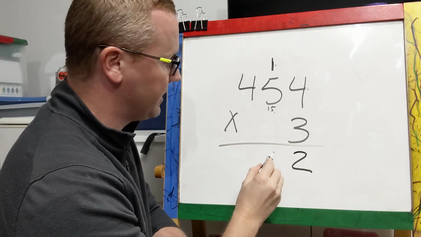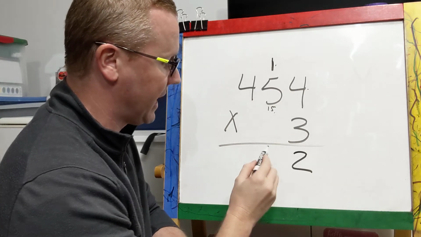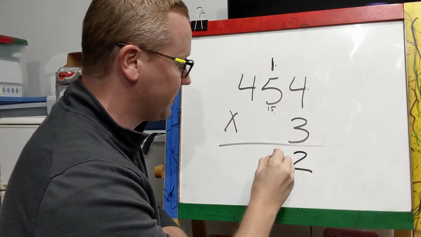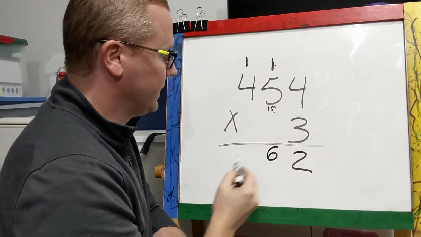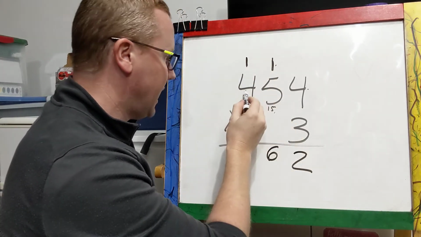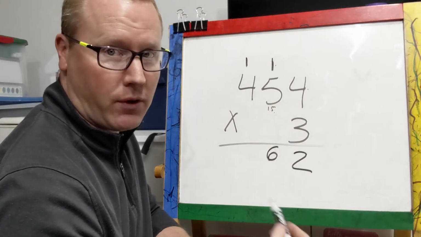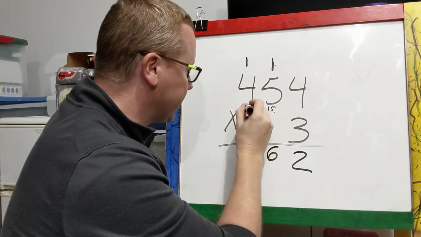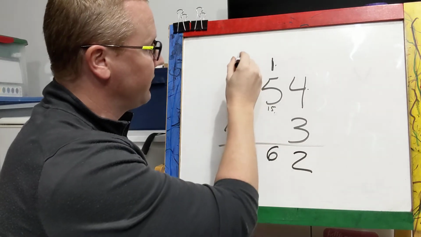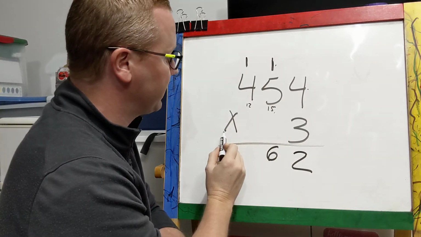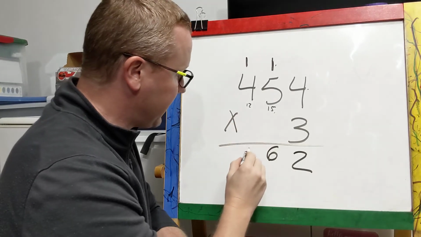But I cannot put 16 in my 10 spot. I can only put one digit there. So I'm going to put my 6 there, and I'm going to put my 1 up there. And now I'm going to do 3 times 4, and 3 times 4, again, we already know is 12. So you can write that right down there if you need to. 12, and don't forget this 1 I need to add up here, and it's 13. So I'm going to write my 13.